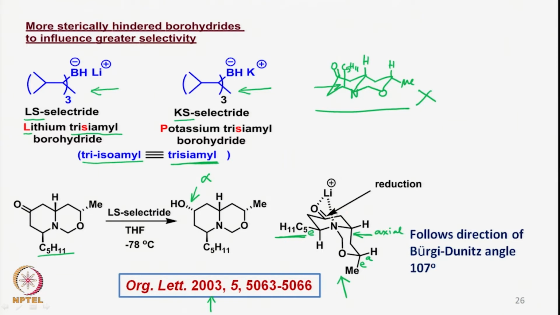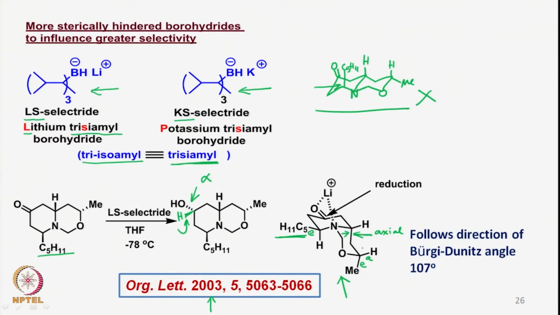Therefore the reducing agent does not approach the carbonyl group from the lower side, because the lower side offers a steric hindrance, and so the reduction takes place from the top side, that is the beta side. The reduction leads to the hydroxy group being alpha oriented and the hydrogen coming from the beta side.